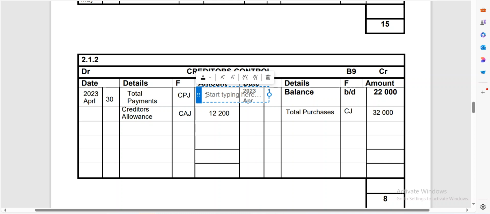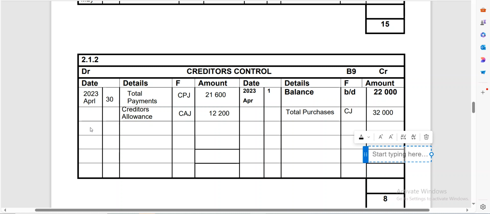Remember, when you pay them, you are paying them that amount that does not include the discount. This is what you are actually giving them. We don't know how you got that discount, so we will not include it here. So that 21,600 will come here. And then from there, all we have to do is to close this down.